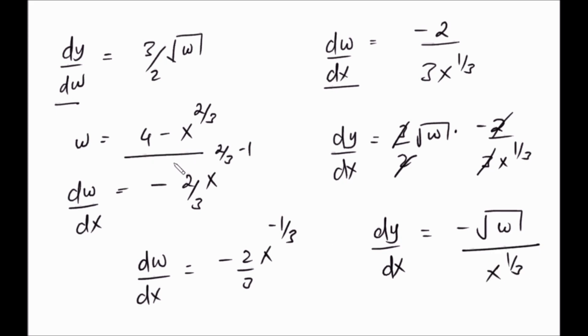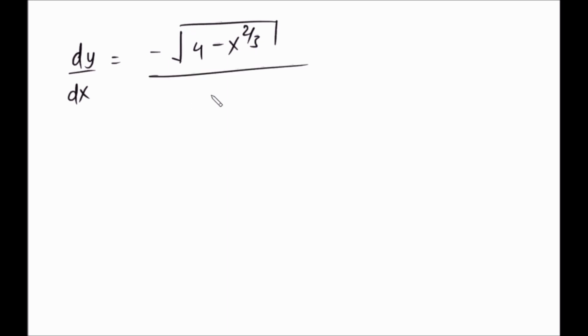Lakini w mwenyewe si ndo huyu. Kwa hiyo dy dx ni sasa na negative w ni 4 minus x power 2 over 3 over x power 1 over 3. Kwa hiyo ni dy dx.